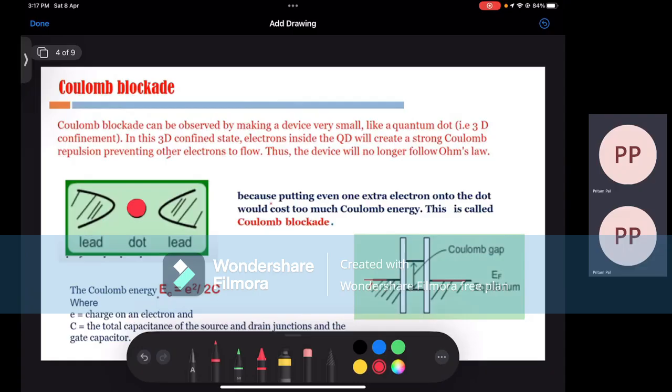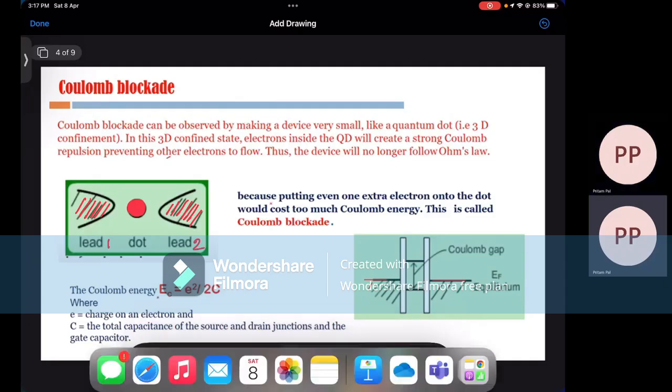You can see this small portion is a dot here, and these are the leads through which current can pass. You can consider them lead one and lead two, whatever is convenient.